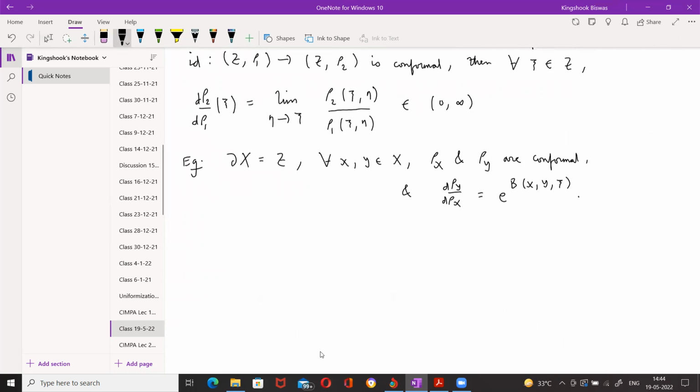Now, what does this formula mean? You should understand this geometrically. Let's say y is here and x is here. What is this Busemann function? It's the distance between the horospheres at x and y, right?